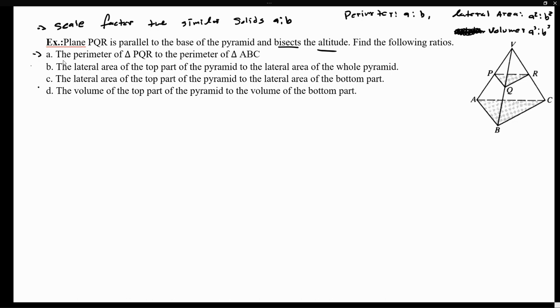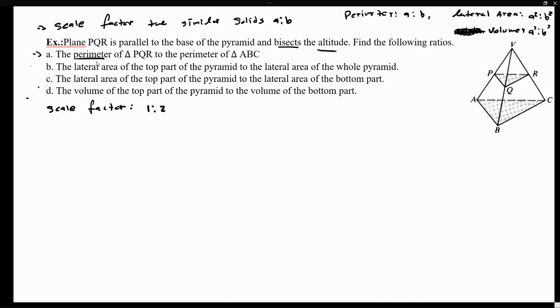So now, if we want to find the perimeter of triangle PQR to the perimeter of triangle ABC, we want to find the ratio of those two. Well, since we already said that those two solids are similar to each other, we can still use the scaling principle, and the perimeters are still going to have the same scale factor, A to B. In this case, the scale factor is going to be 1 to 2.